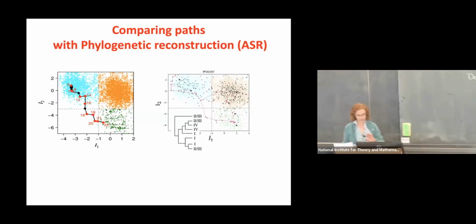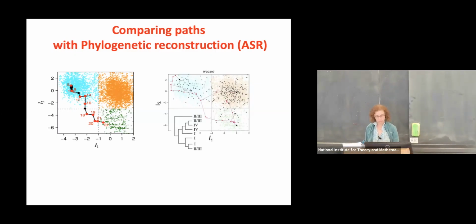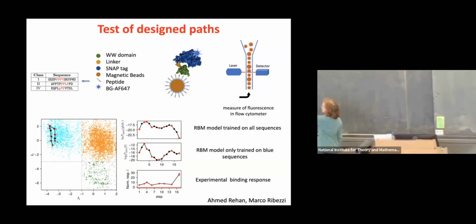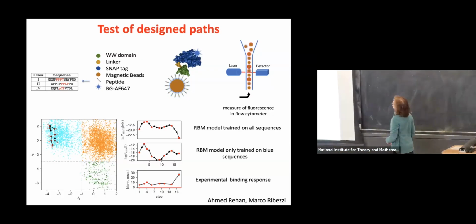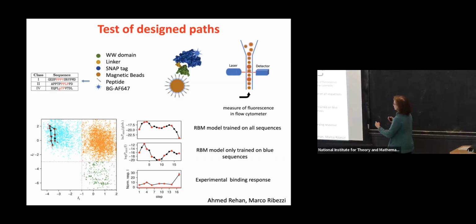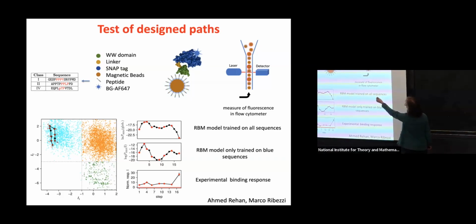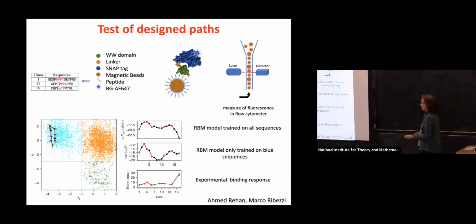Okay, I will not go to the SARS-CoV-2 stuff, but to the test of the designed paths. This was done in SPC by Marco Ribezzi and Ahmed Rehan. You can probe the binding by fluorescence in a tube. You have all your sequences and then the given ligand, and if they bind, they are detected by fluorescence.